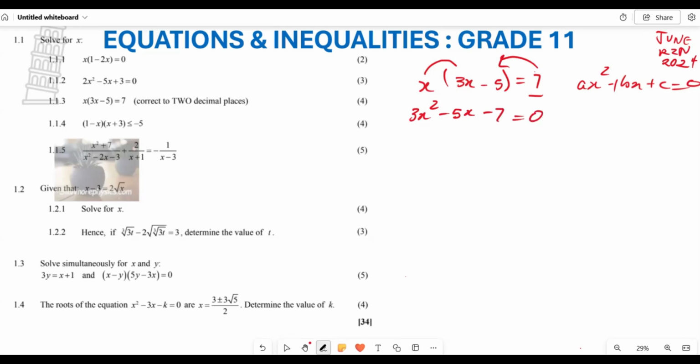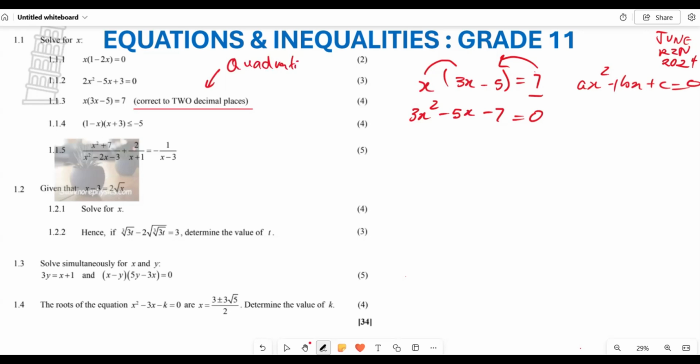But now, I want you to note something here. They are saying they want us to correct to 2 decimal places, right? Whenever you see something like this, it is a guide that we need to use our quadratic formula.